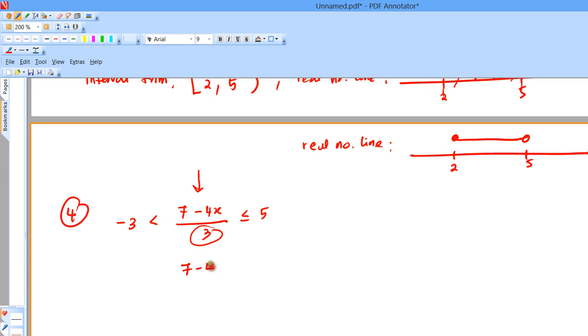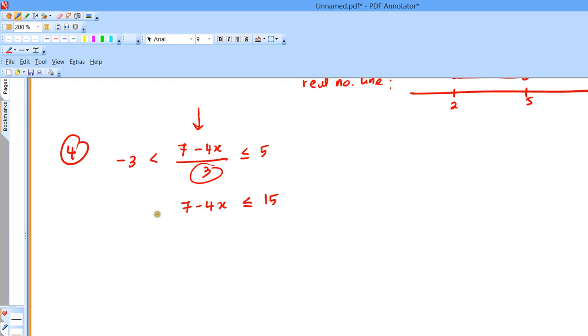7 minus 4x less than or equal to 15 and the left hand side greater than negative 9. Then you can solve for x. You just need to bring the constant 7 to the left and right hand sides. So negative 4x less than or equal to 15 minus 7 and greater than negative 9 minus 7.